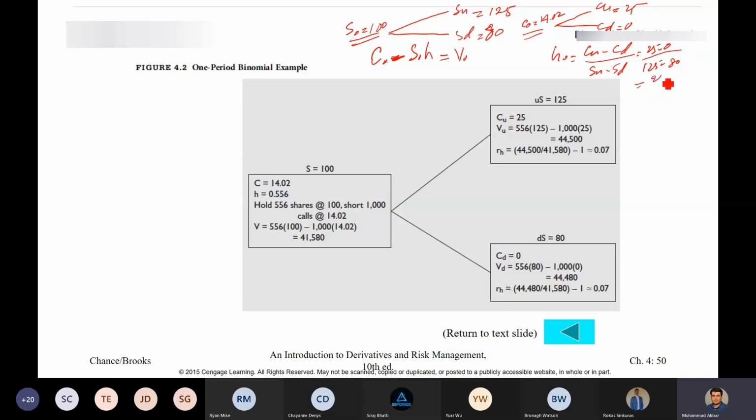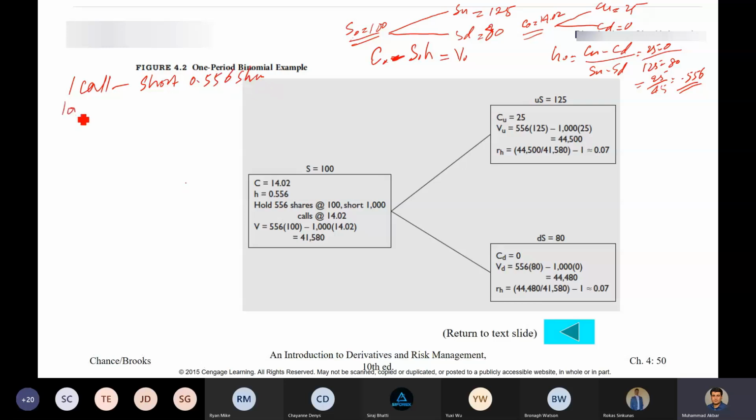So the result is 25 over 45, and we get the hedge ratio equal to 0.556. So what does this mean? If I am buying one call, for every call I need to short 0.556 shares.